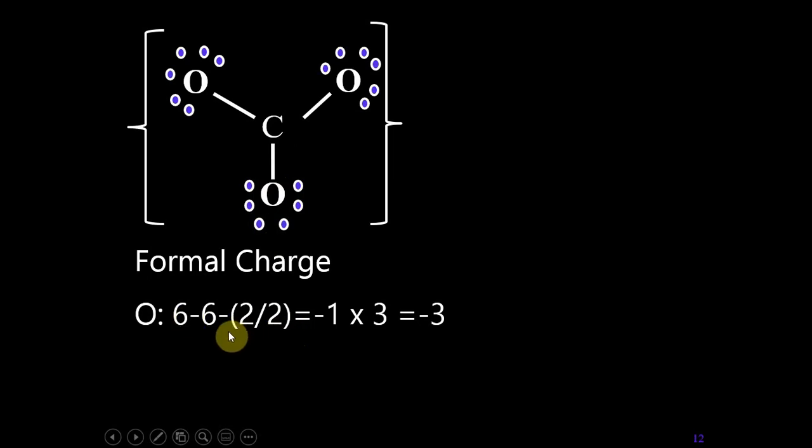So 6 minus 6 is 0, minus 1 gives us a negative 1. And there's 3 of them here, so that gives us a minus 3 overall.